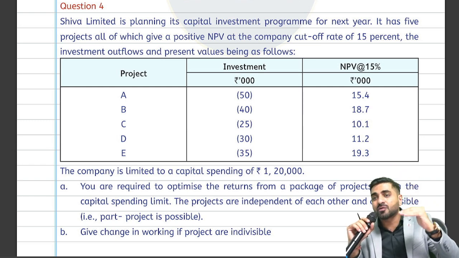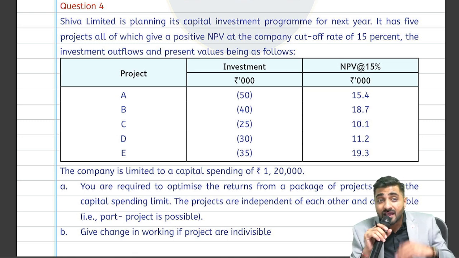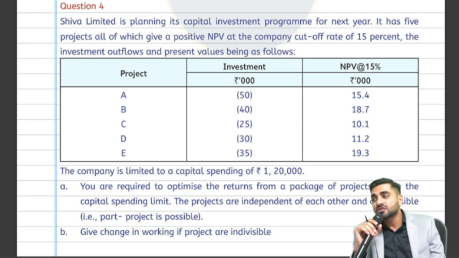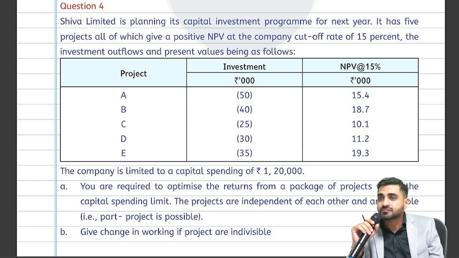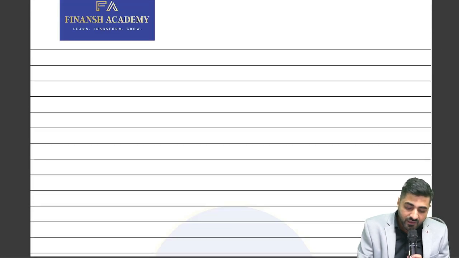You have to rank the projects. When the projects are divisible in nature, what do you have to do, beta? Rank the projects. So how will you rank the projects? You will rank the projects on the basis of profitability index, not on the basis of NPV. You will rank the projects on the basis of what? Profitability index. So what I will do is calculate the profitability index for every project.